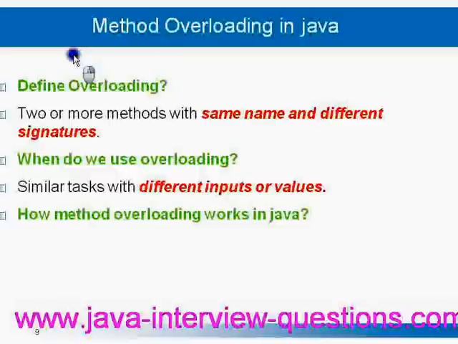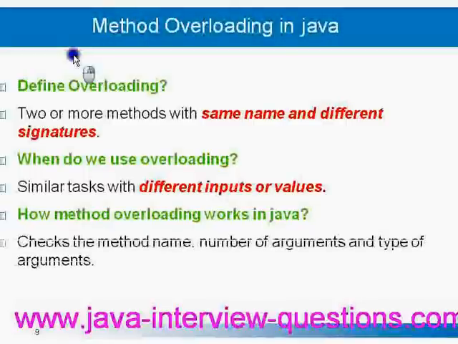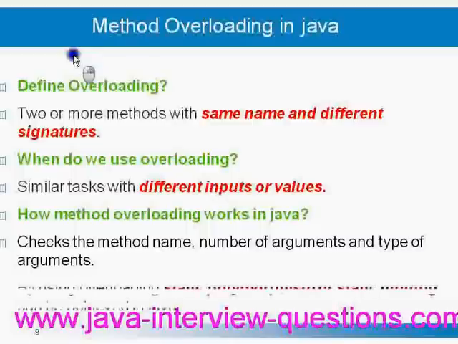If the methods have the same name with a different number or different type of arguments, then those methods are overloaded. First it checks the method name, then the number of arguments, then the type of arguments. Based on that, the method will be called by the compiler.